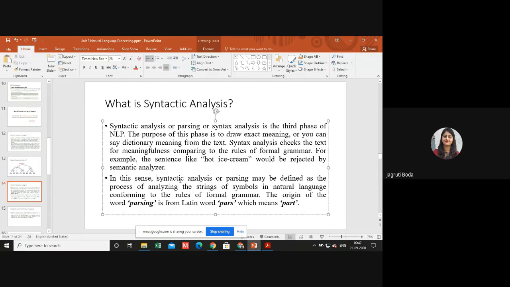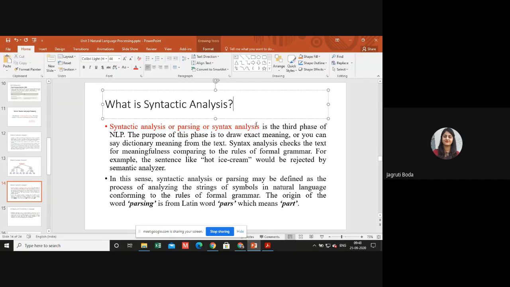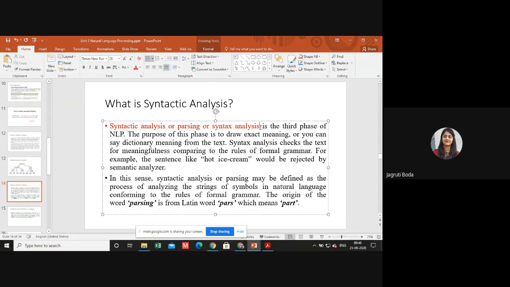In this sense, syntactic analysis or parsing may be defined as the process of analyzing the strings of symbols in natural language conforming to the rules of formal grammar. The origin of the word parsing is from the Latin word pars, which means part. So what is the exact meaning of each part of your sentence?